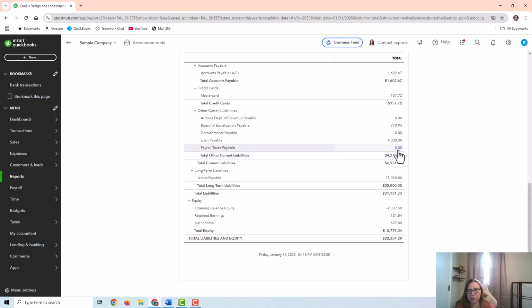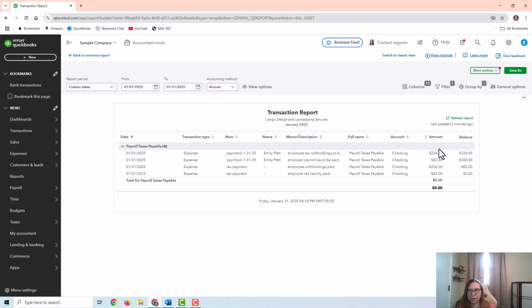And then you could also look at the payroll taxes payable account. That zeroes out also. These positive numbers reflect what is owed after that paycheck, and then these negative numbers reflect that it's being paid. So it's no longer a liability of the company if it is paid.